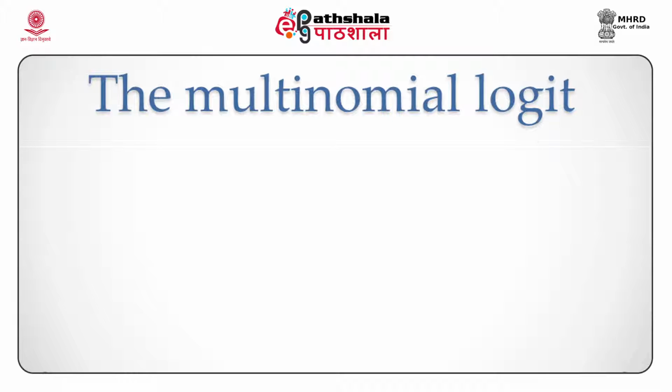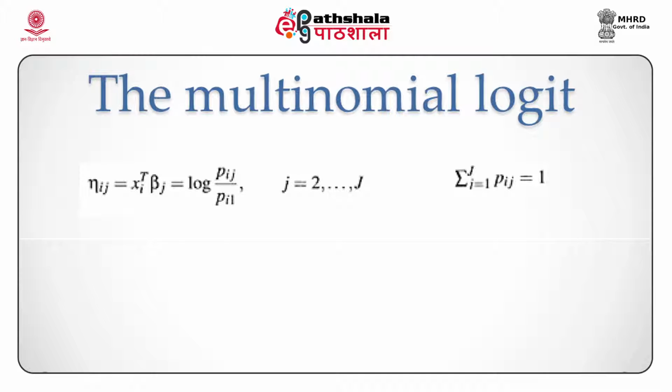As before, we define the linear predictor given by eta ij equal to xi prime beta j, which is equal to log of pij by pi1. Now note that we have defined eta ij for J minus 1 choices, that is j equal to 2 to capital J. Here pi1 is our choice of baseline, that is we are calculating the odds ratio in each case with respect to the first category being used as a baseline.